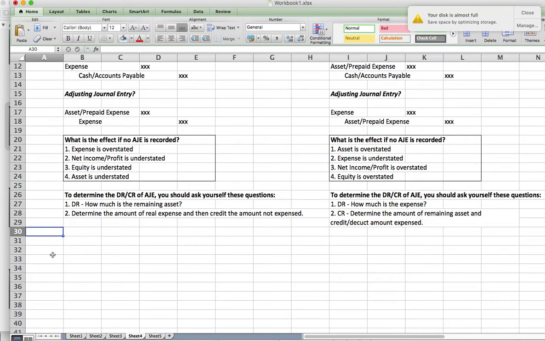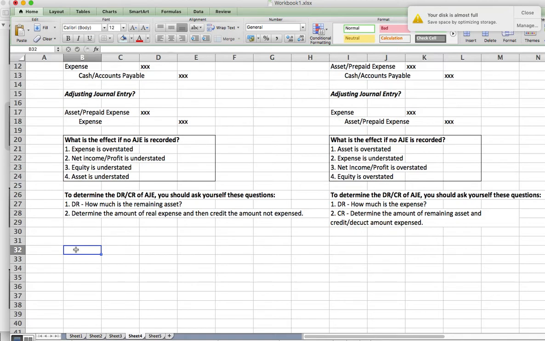O, gawa tayong example. Example na usong-uso sa inyo is yung pag magdo-dorm kayo. Di ba? Pag nag-dorm kayo, usually, sabihin natin na may mga may-ari ng dorm, nagre-require sila na payment in advance, 1 year. Kailan mo nag-start ang school year ninyo?